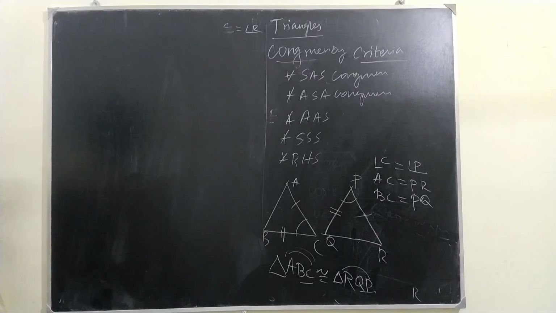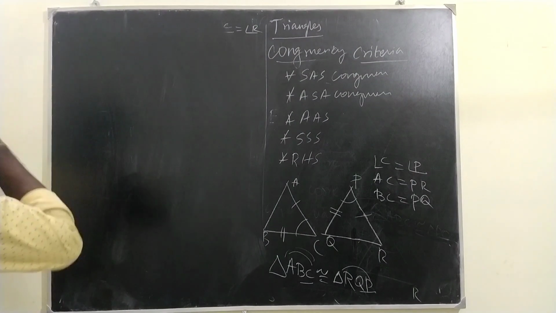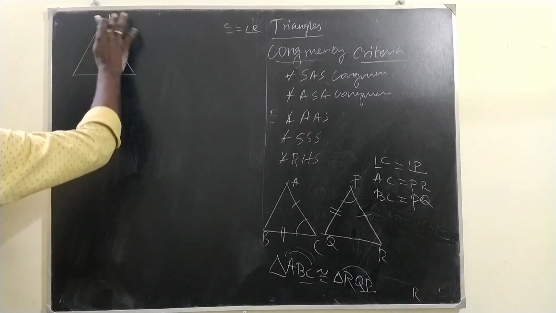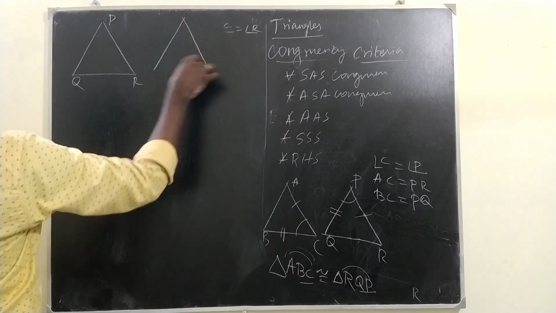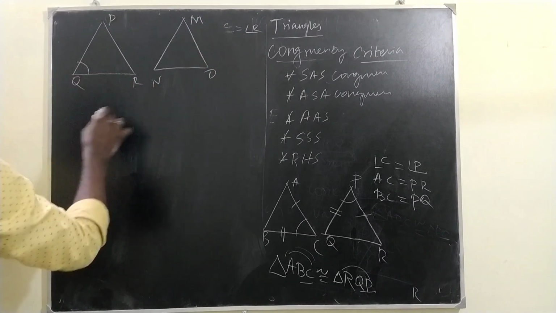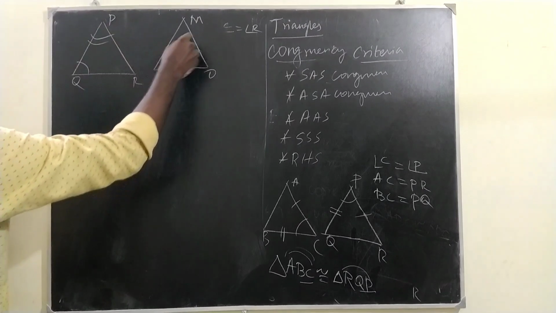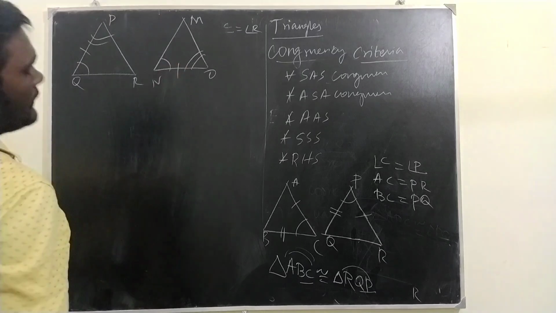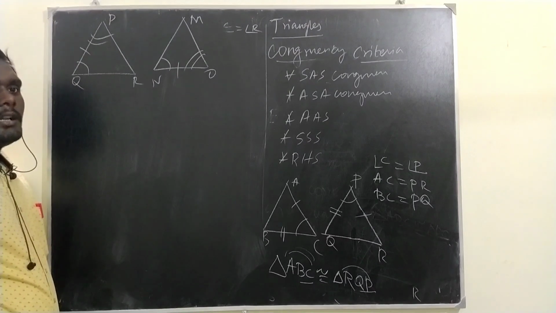Likewise, ASA congruence, as the name itself states, we have two angles and one side equal. So while comparing two triangles, PQR and MNO, we have angle Q equals angle N, angle P equals angle O, and side PQ equals side NO. So we have two angles and one side equal.